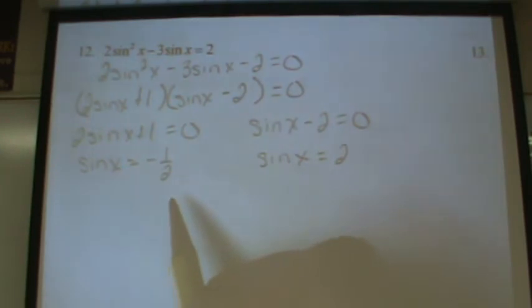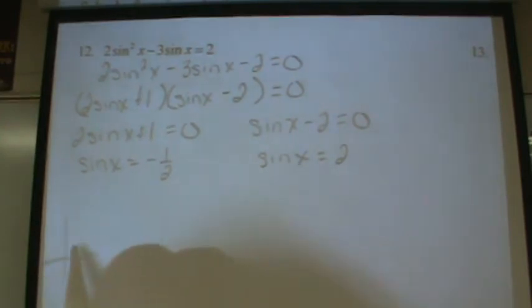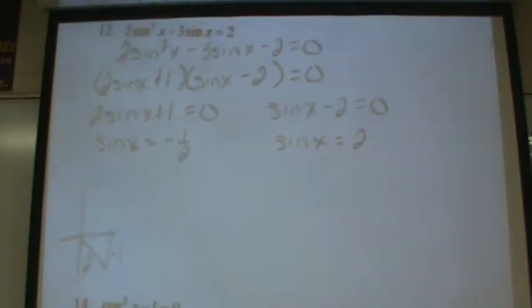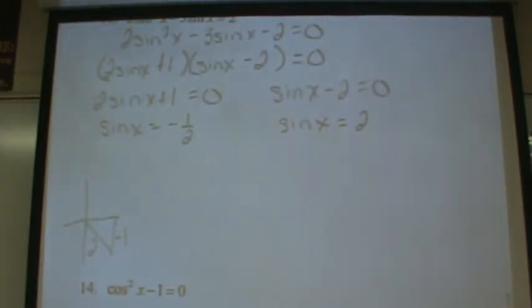So to solve this first one, that -1/2 tells us that it's in our triangle. So if we draw a triangle off to the side here, we have opposite over hypotenuse. That tells us that this is a negative pi over 6 angle, but we want to be between 0 and 2 pi.